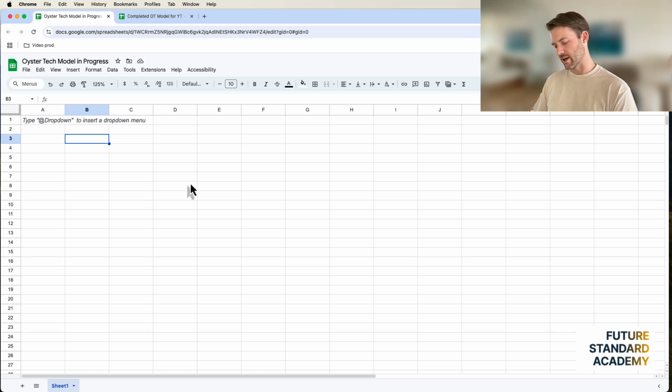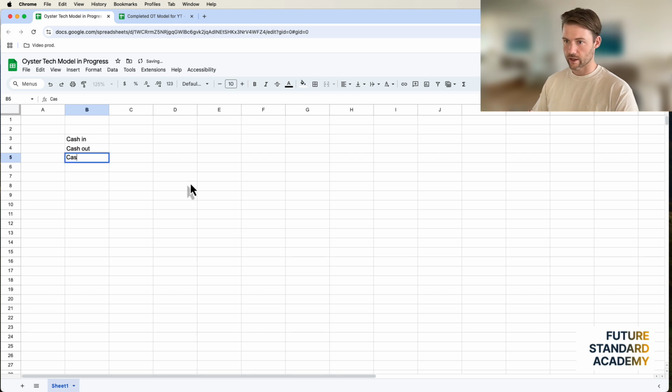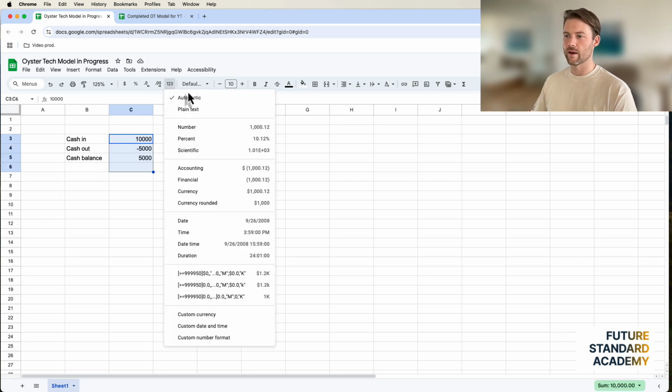So maybe a couple quick calculations here. Like I say, it's cash in, and then cash out, cash balance. So if I had 10,000 in, let's call it 5,000 out, oh no. Can't use my alt formulas because this is a Mac and I'm used to a PC, so bear with me.